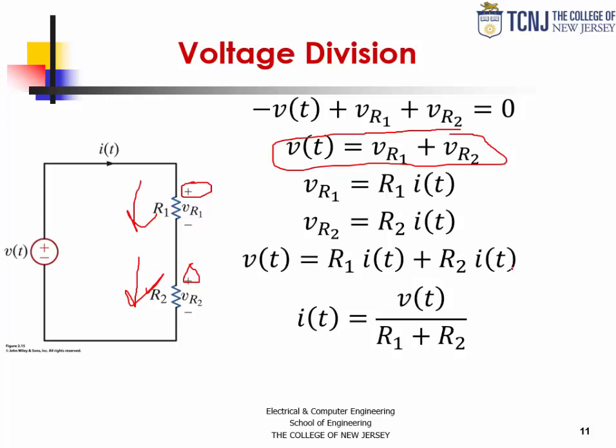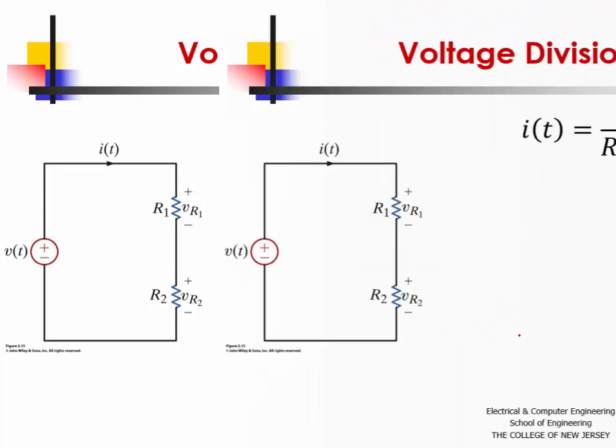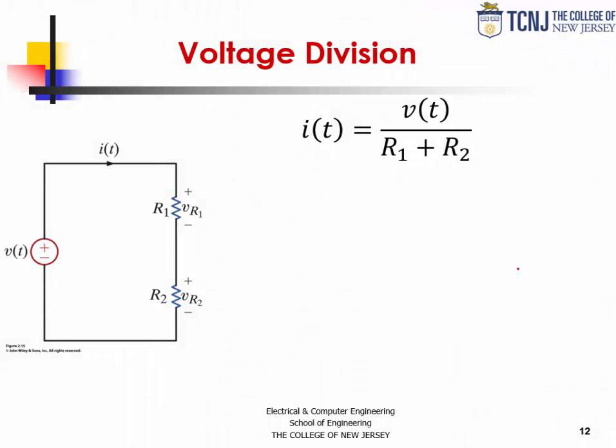Then I can solve for the current. I can factor out the current over here and take the sum of the two resistors, dividing the voltage, and I get that the current is equal to the total voltage divided by the sum of the resistors. So that's what we have so far.